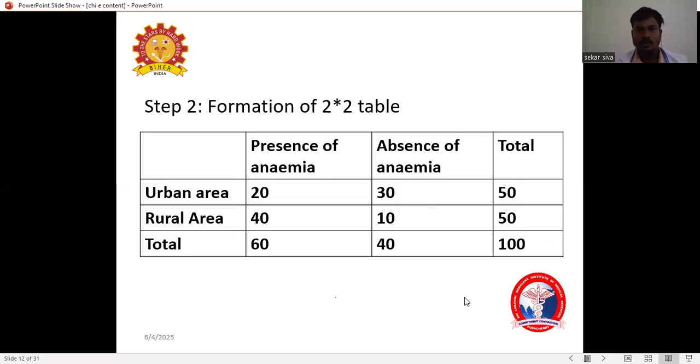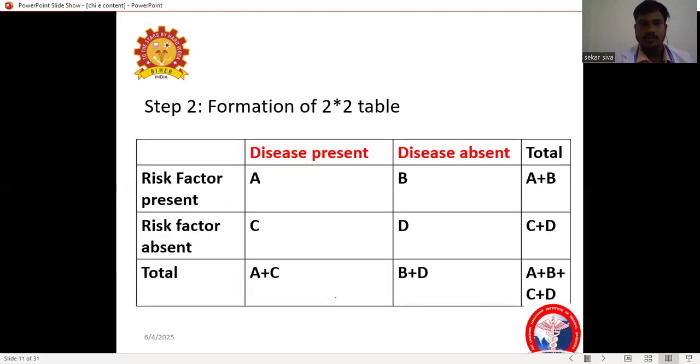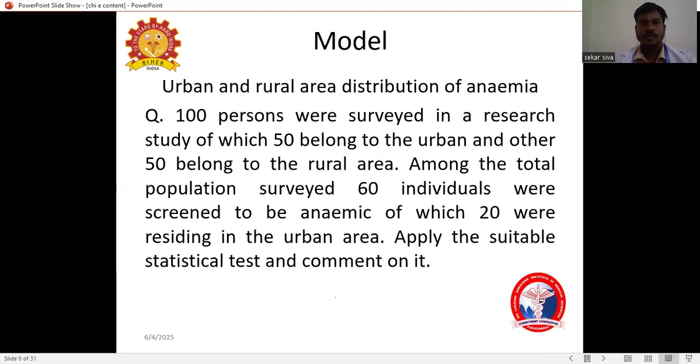Are you clear about this statement? Let's take a question. 100 people were surveyed in a research. Here I make a table.